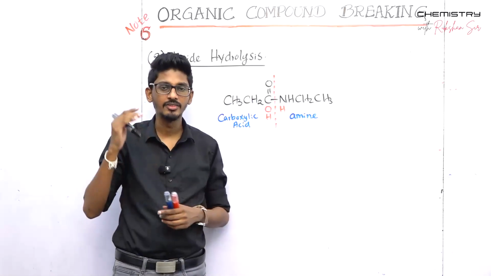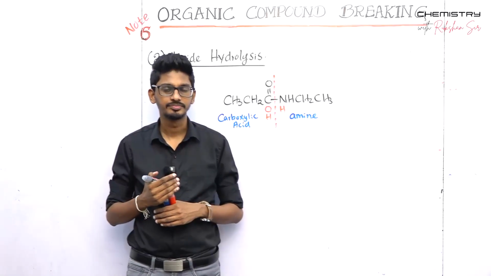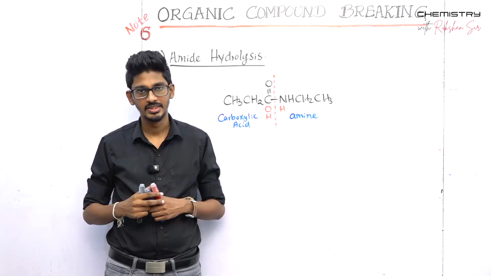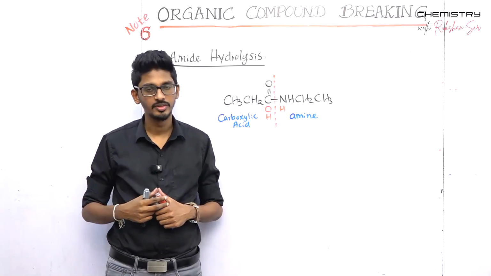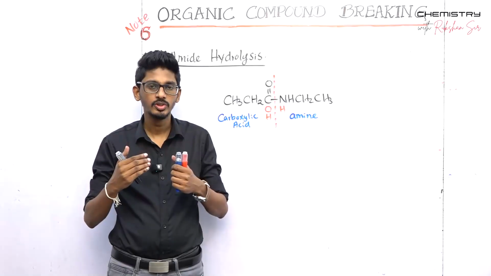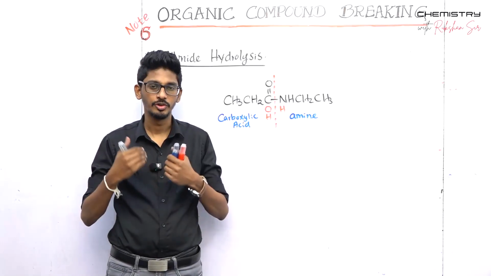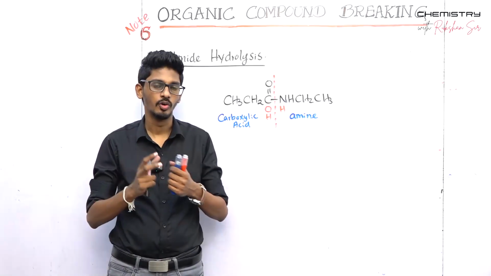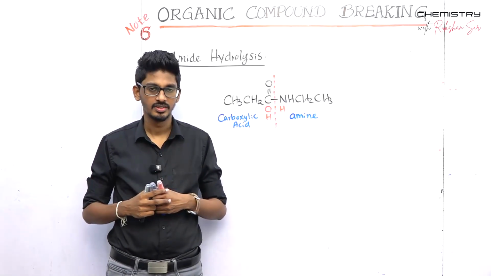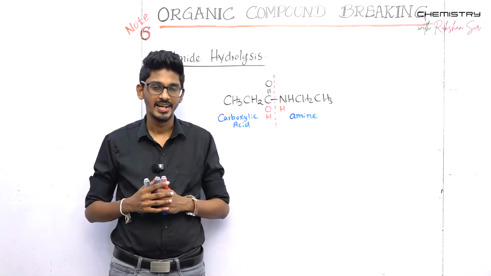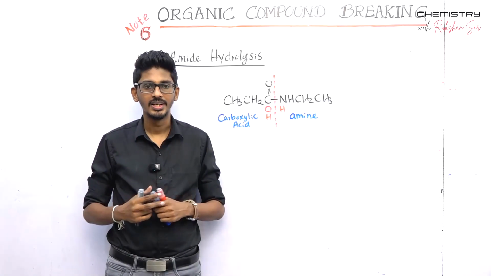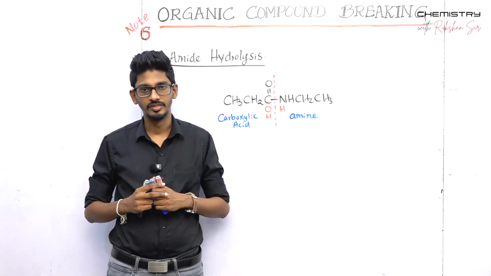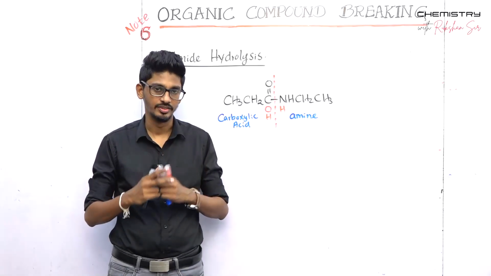But again, we have the same problem we had with the ester hydrolysis processes. This is so time consuming. So we need to do this one quickly. For that, we use acids or bases as a catalyst. So if acid is used as a catalyst for this reaction, we refer to that reaction as acid catalyzed amide hydrolysis or acid hydrolysis.